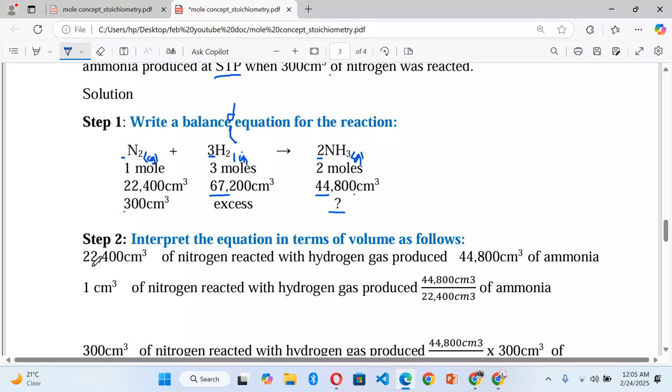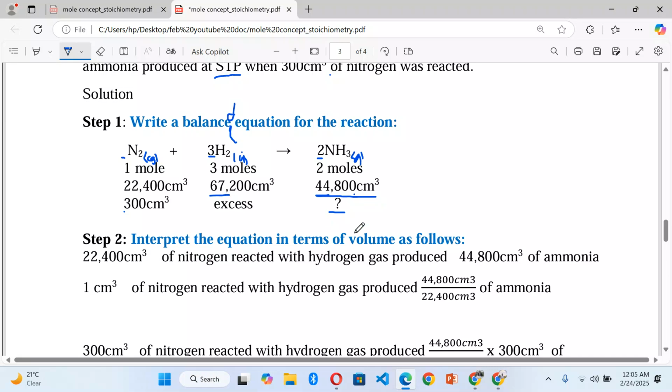So we're saying that 22,400 cubic centimeters of nitrogen reacted with hydrogen gas and produced 44,800 cubic centimeters of ammonia. Where is it coming from? It is here. 44,800 of ammonia.